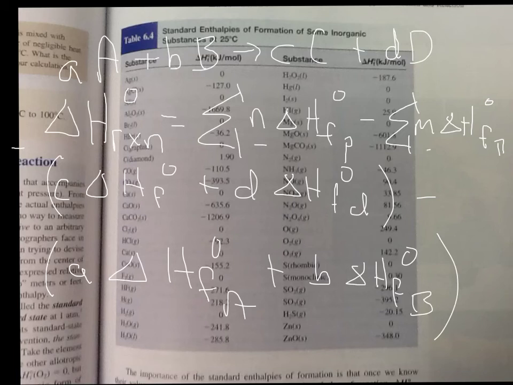So for the reaction A plus B reacting to form C and D, the delta H of the reaction under the standard state conditions can be determined by taking the heat of formation of C and multiplying it times its coefficient, adding to that the heat of formation of D times its coefficient, and subtracting from that sum the heat of formation of A multiplied times its coefficient plus the heat of formation of B multiplied times its coefficient.